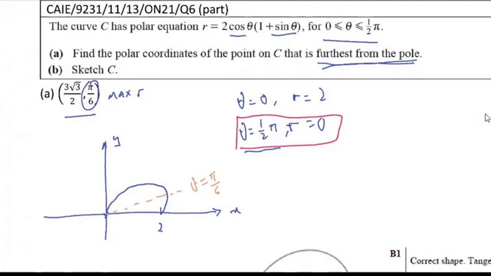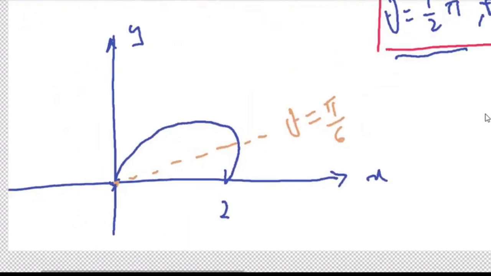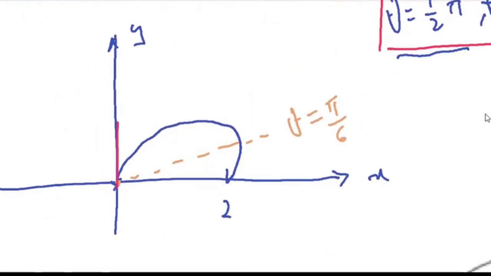Whenever r equals 0, it happens at theta equals half pi. In my sketching here, it might not be a really good curve, because when theta equals half pi, it should be a tangent to the curve. When we sketch this curve, it doesn't really look like a tangent. The theta equals pi over 2 here doesn't really look like a tangent line.